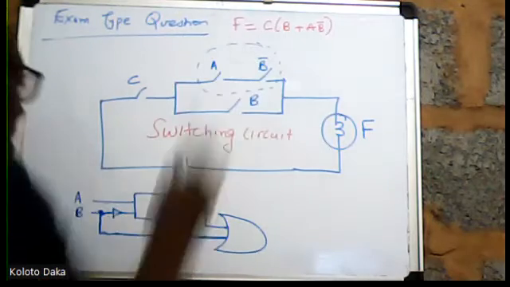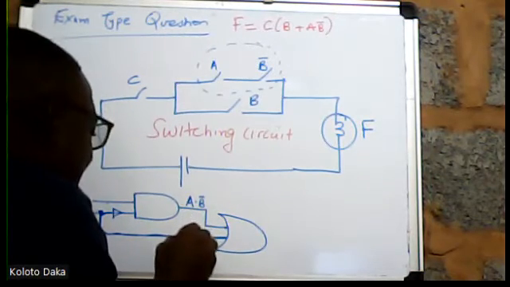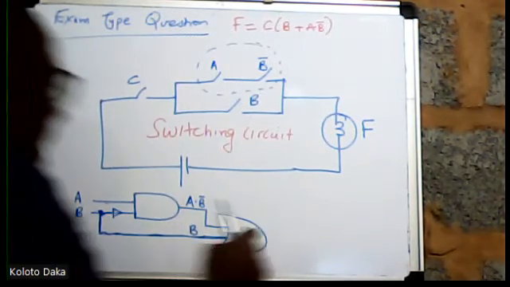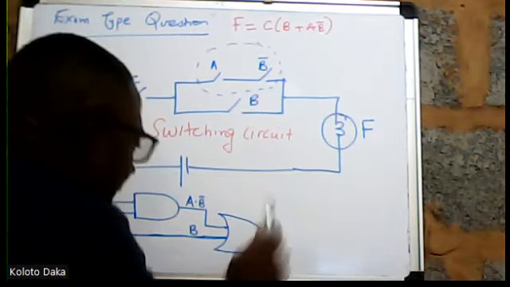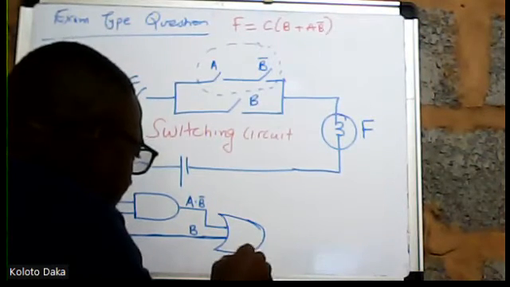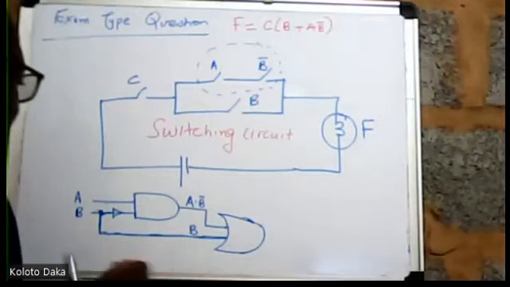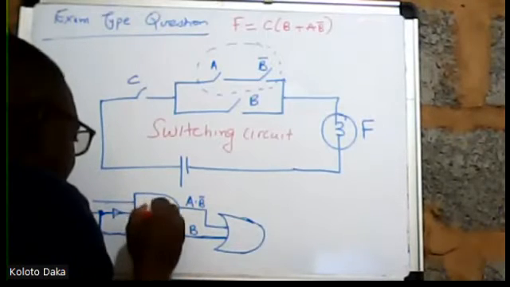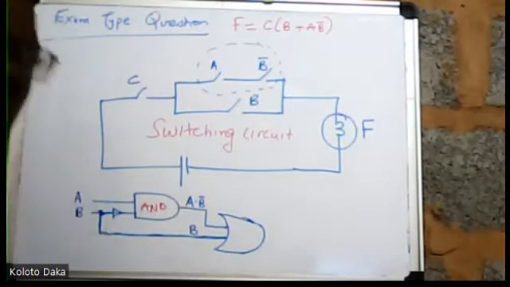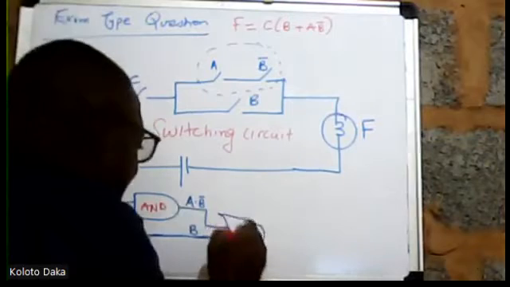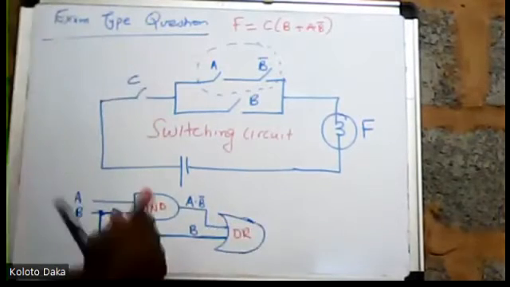What you have here is B. They are in parallel. This is an AND gate, which is the series. This is an OR gate, which means the parallel.